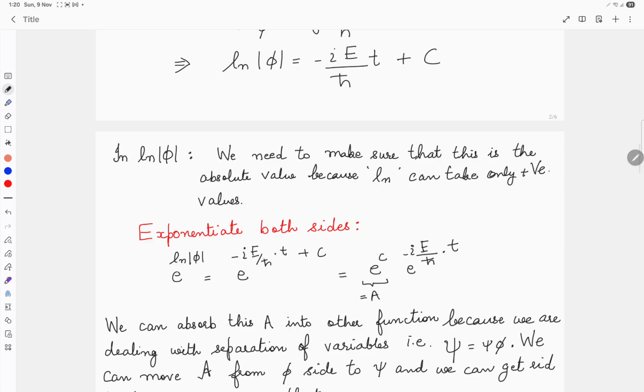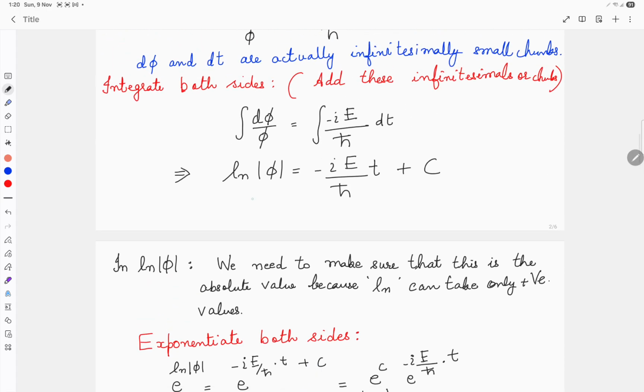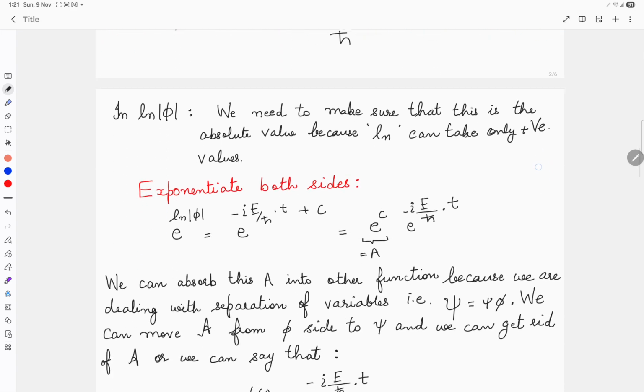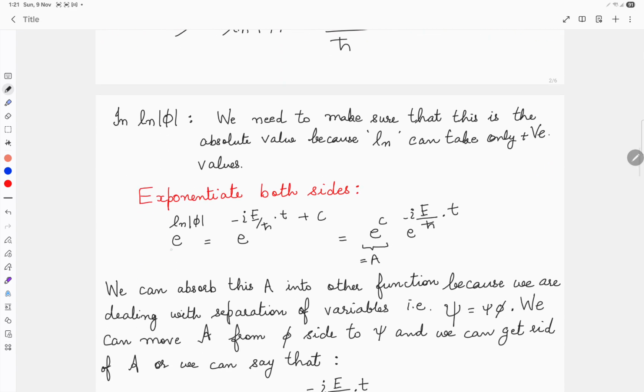Further, we exponentiate with e on both sides. When we take the exponential, we get e to the power minus iota E by h cross dot t plus c, and this constant e to the power c we can equate to some constant A. But we can absorb this constant because we are using the method of separation of variables.